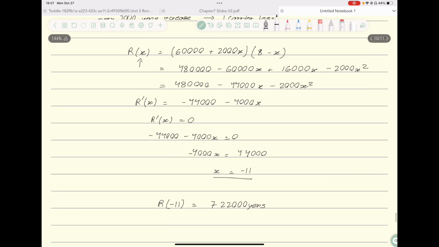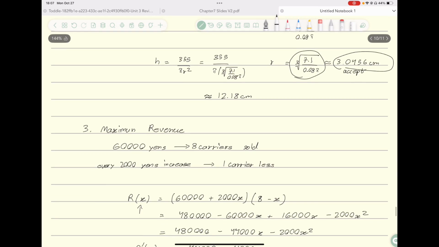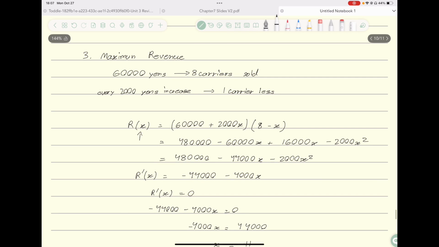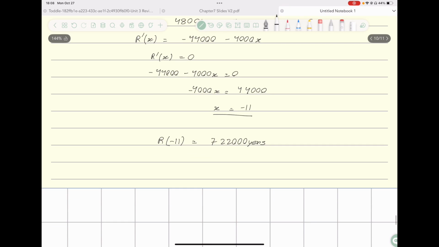Now I want to find the original revenue. To find the original revenue, we'll calculate the sold price times the carriers sold. So the original revenue will be 60,000 times 8.